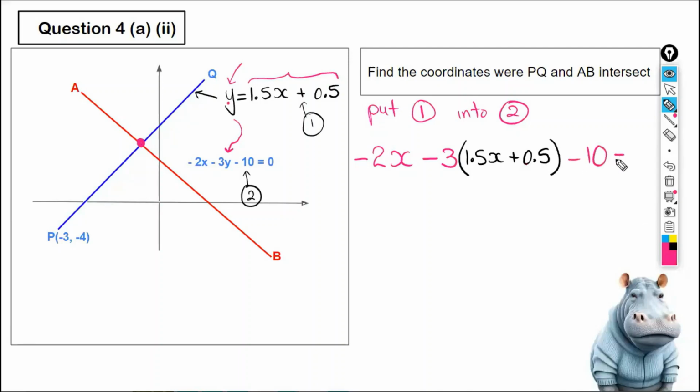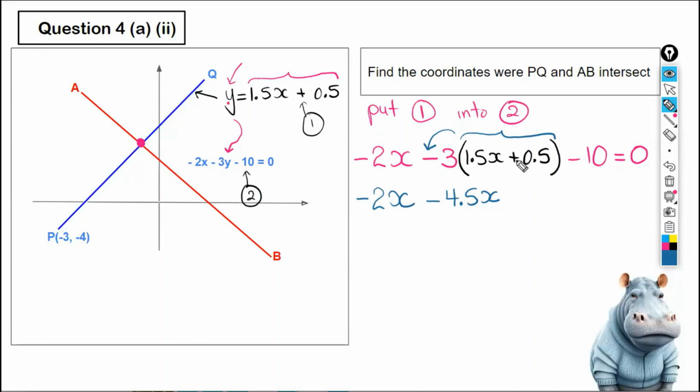Minus 10 is equal to 0. Oh, I think I know what the problem is. Look at the small trap that a few of you all fell for. So you had minus 2x, but then you had to multiply everyone inside here, not by 3, but by minus 3. Minus 3 by 1.5x is minus 4.5x.